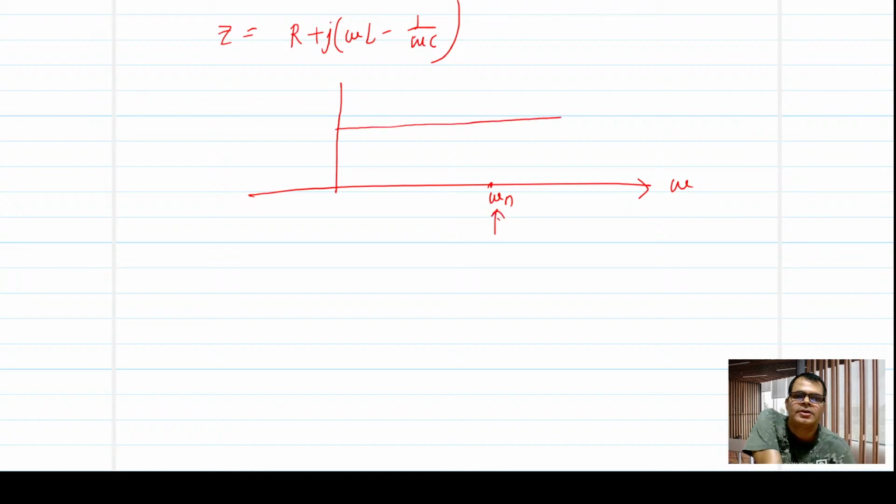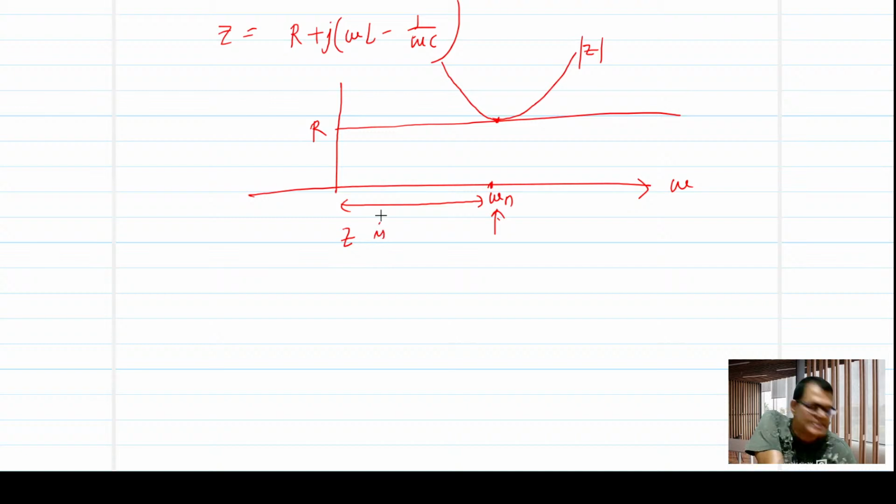So if I draw the resistance line, this is the resistance, and above omega n and below omega n, Z increases, and here is the minimum point. This is the magnitude of Z. My question is, below omega n in this range, what is the characteristic of Z? Is the impedance inductive or capacitive?